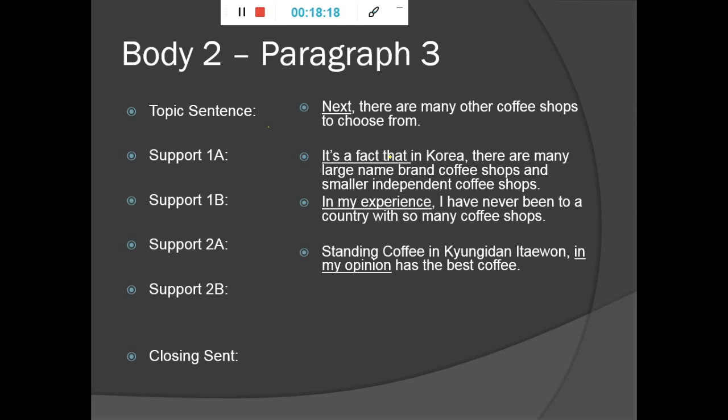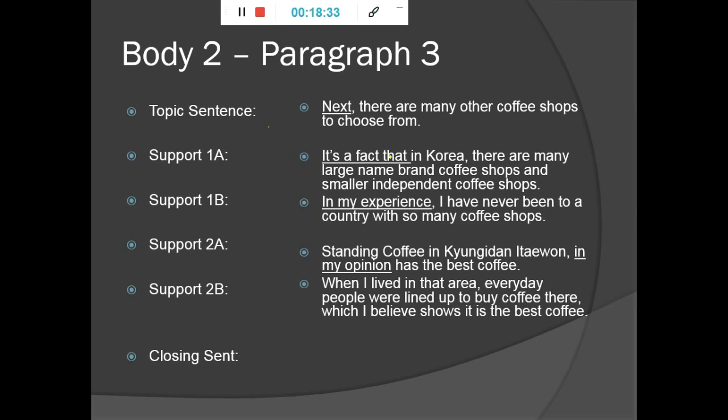Support 2A: Standing Coffee in Gangneung, Itaewon, in my opinion, has the best coffee. So I've used an example of a particular coffee shop. When I lived in that area, every day people were lined up to buy coffee there, which I believe shows it's the best coffee.